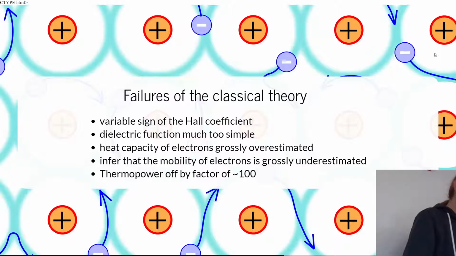So what I wanted to get to in the end, get some better examples up there. If you look into the textbooks, they'll have many more examples of these failures. But essentially, the big ones are this Hall coefficient: the resistivity of a material when you apply a magnetic field to it.